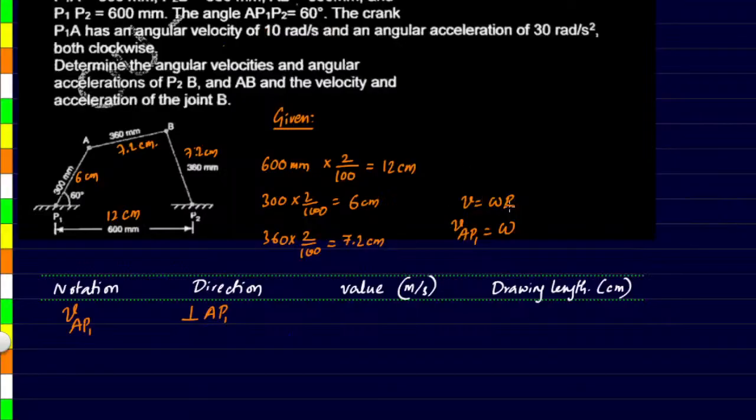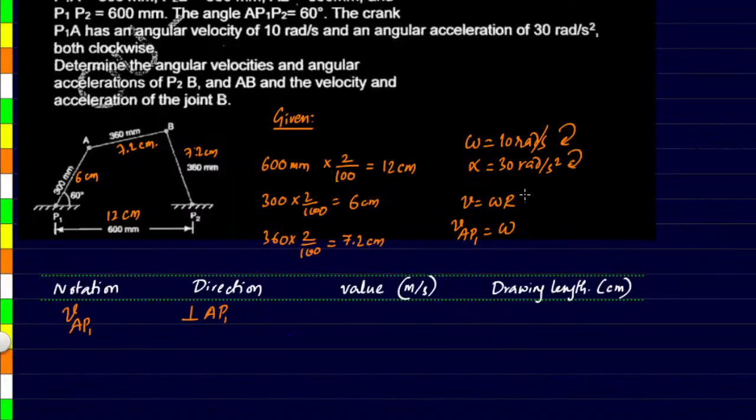Omega is given directly as 10 radians per second, and angular acceleration, written as alpha, is 30 radians per second square, and both of them are in clockwise direction.